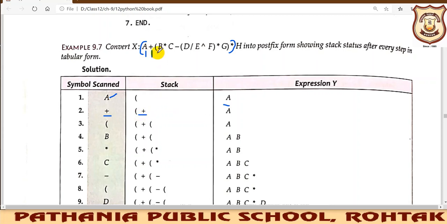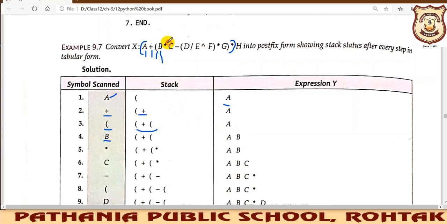Then next is your bracket symbol. This bracket symbol will also be there in the stack. Next is your operand, that is b. You will write all the symbols here that you are reading one by one, and this operand will not come in the stack, it will go directly to the expression y.